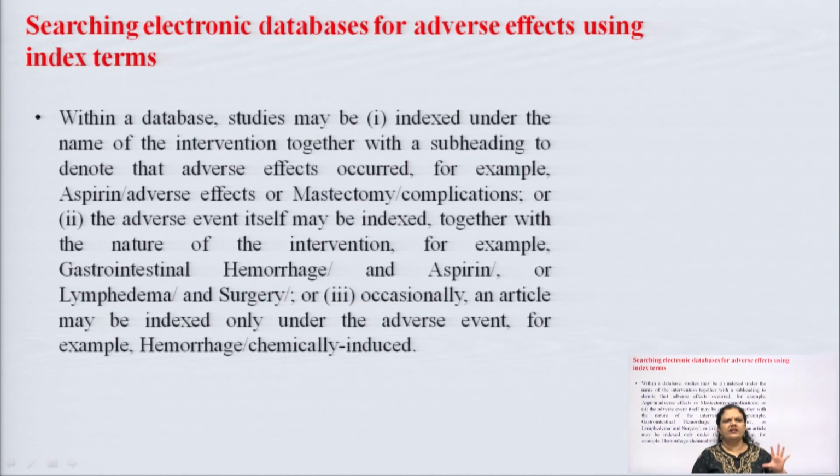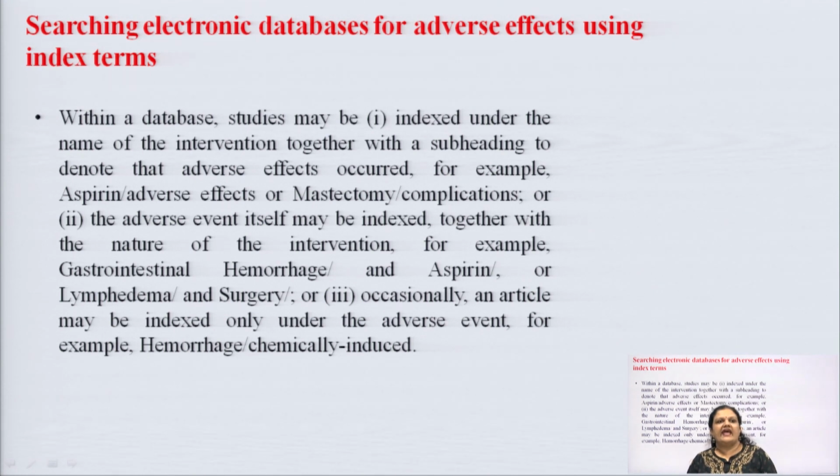So, within a database, when we talk about Medline and Embase, the two databases used for ADR studies, articles may be indexed under the name of the intervention. Intervention means what type of searching you require for that particular drug. The intervention is indexed together with the subheading to denote the adverse effect, at what depth it occurs, and what type of measurement is required to recover the patient from ADR.